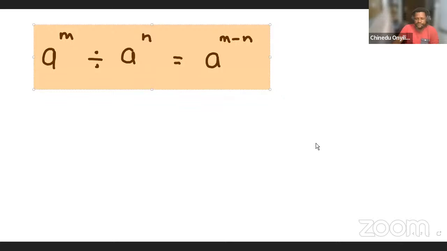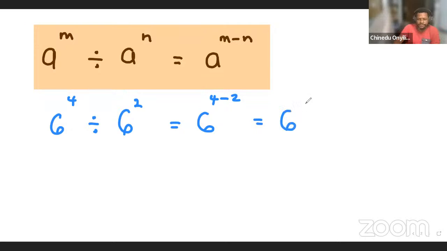Okay, so consider if you have 6 to the power of 4, and you divide this by 6 to the power of 2. What you do here is take one of the base, and because you're dividing, you subtract the powers, which is 4 take away 2, and that will be 6 to the power of 2.